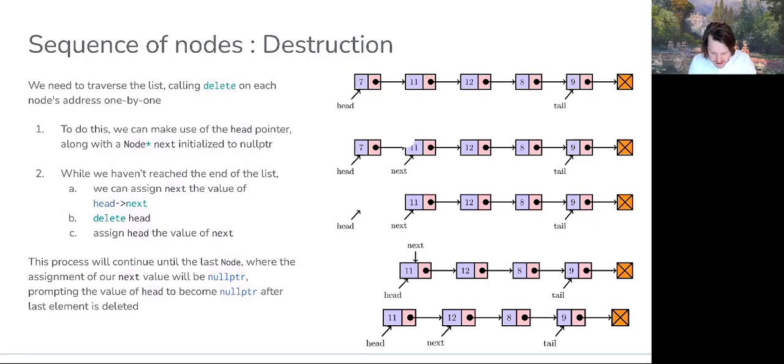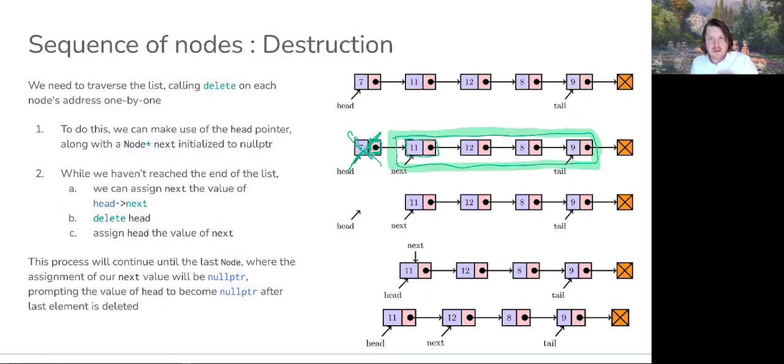So notice here that the first time through, by assigning next the value stored within head's next, we have a gateway into the remaining portion of the list. Therefore, when we call delete on head, all of this is not lost. We can still access all of this through the next pointer.